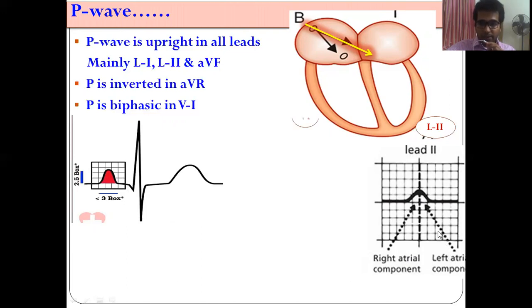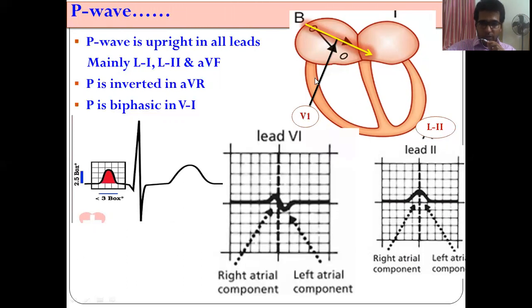Is it clear? Now here you can see the position of the V1 lead, and if you look carefully, the axis of the V1 lead is perpendicular to the axis of the P wave. So what will happen? The wave produced in V1 will be biphasic.